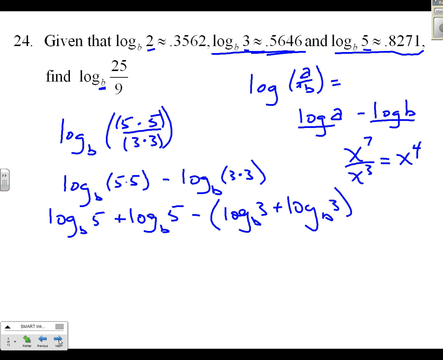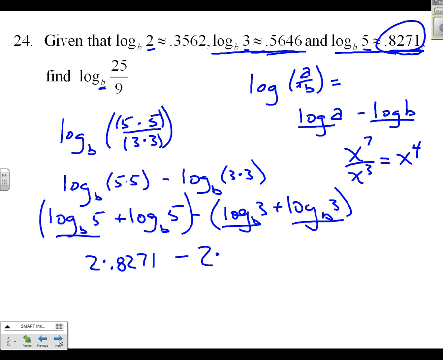And then what do I have here? I really have 2 of these log base b of 5, but we know the approximate value. So I could go 2 times 0.8271 minus 2 of these log base b of 3's, 2 times 0.5646.